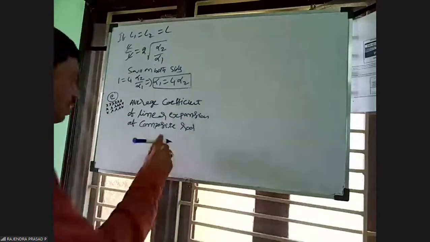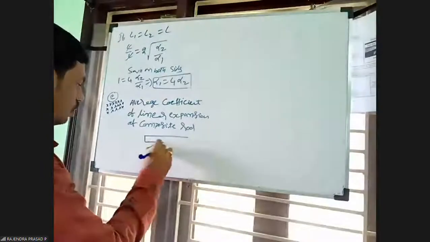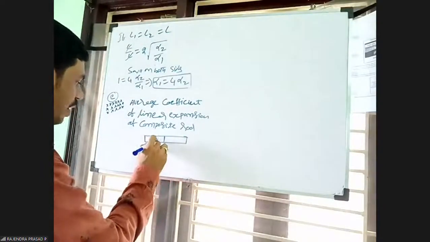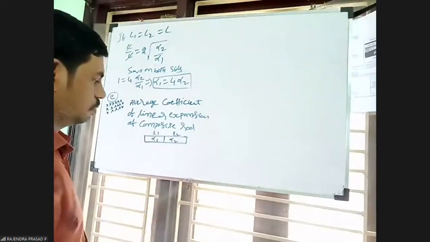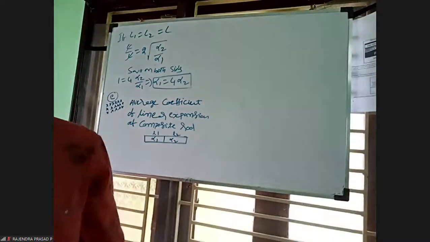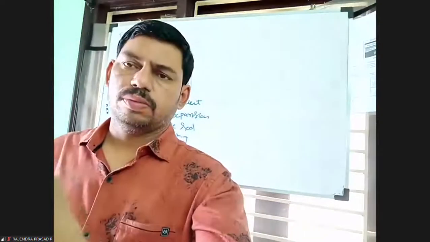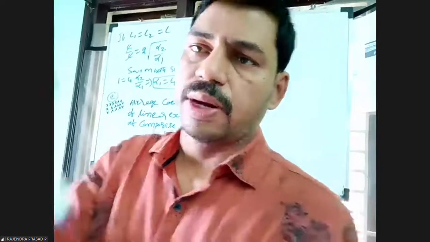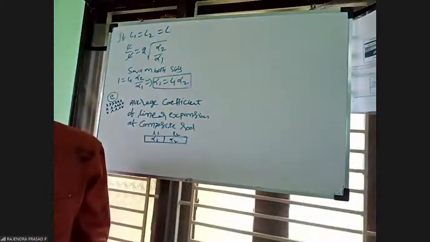Actually, two different rods are joined together: alpha 1 with L1, alpha 2 with L2.